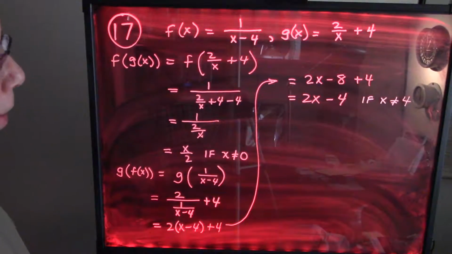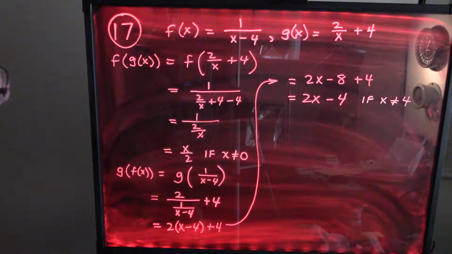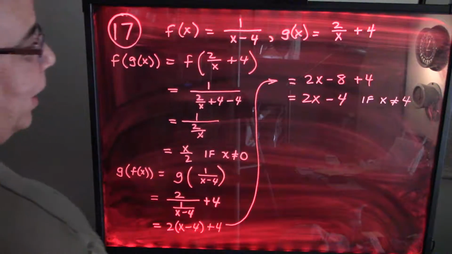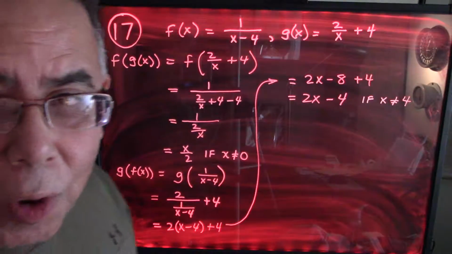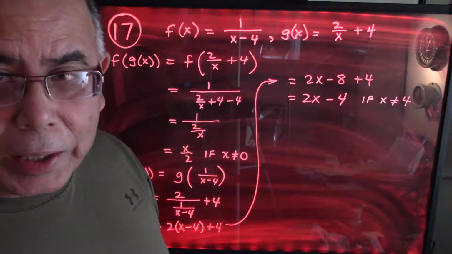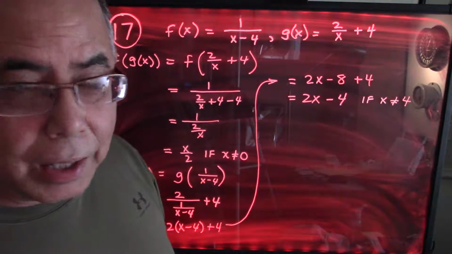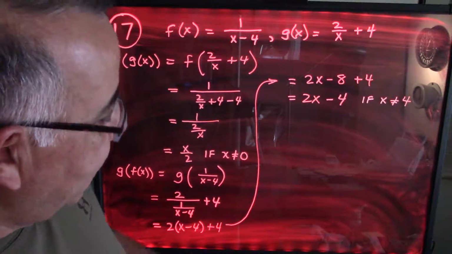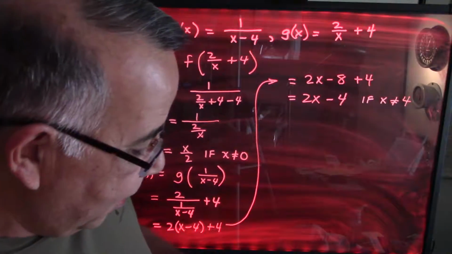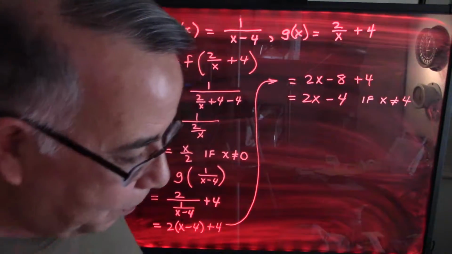It looks just like a straight line until you get to x equals 4, and then you're going to have a hole in that line. One point's going to be missing from that line when x equals 4.